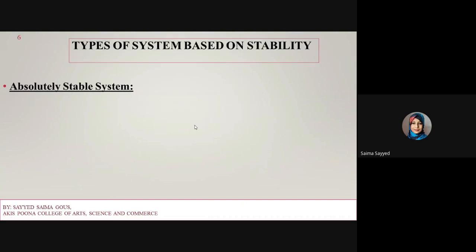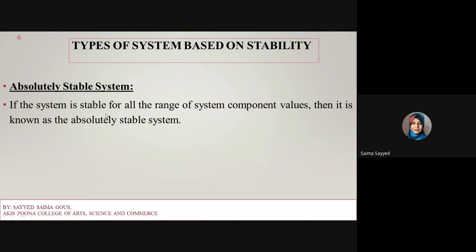Types of systems based on stability. There are different types of systems based on stability. First is the absolutely stable system. If the system is stable for all the range of system component values, then it is known as an absolutely stable system.